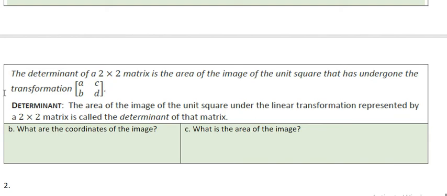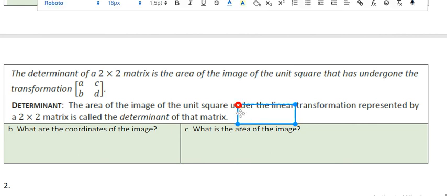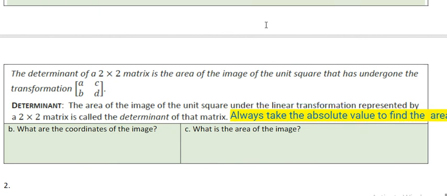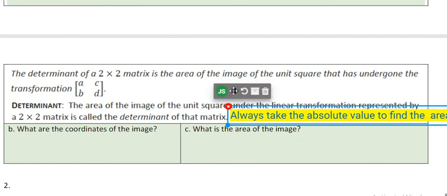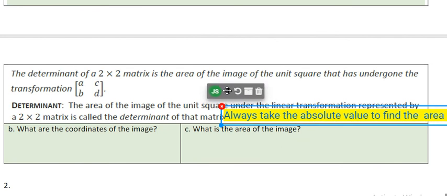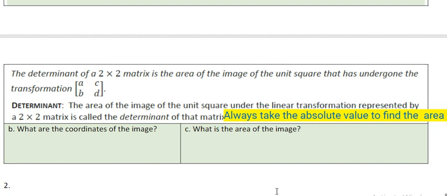the one note that I want to put here is always take the absolute value. Find the area, because the point is we use the determinant to calculate it, but area is a lot like a distance.